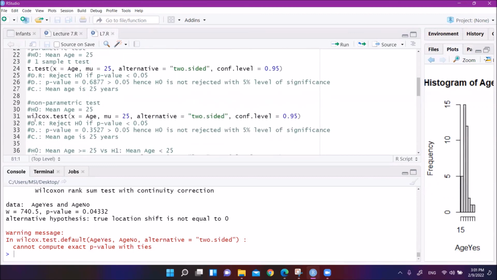But at the exam, if you are asked to do a hypothesis test, make sure you write the null and the alternative. If you are using symbols, please define them. Like, for example, mu is the population mean age, something like that, right? And you have to mention the decision rule, have to mention the decision, and give the conclusion in plain language.